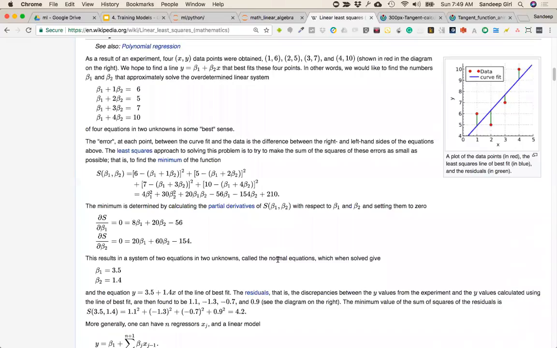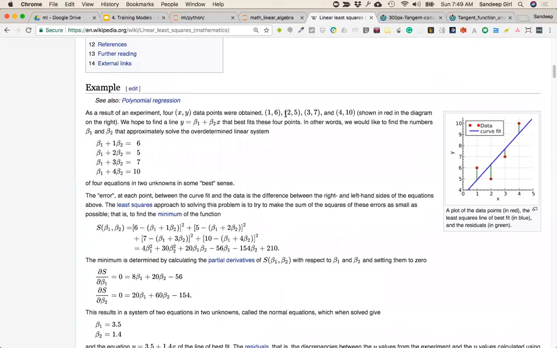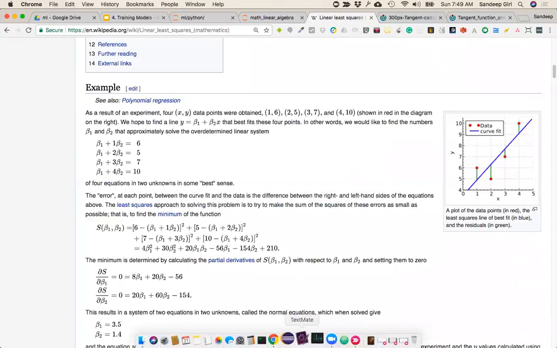Okay. A question from Kamal is, in this example, can you define matrices like capital X? Good question. So, all right. What is our capital X in this case? Okay. So these are the data points. X is the input variable, Y is the output variable. So here, right?